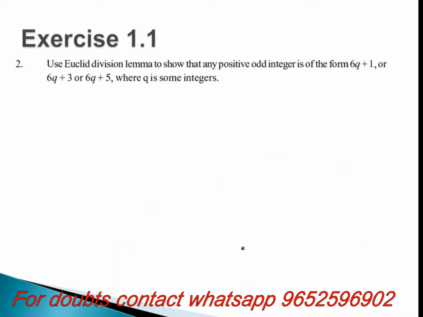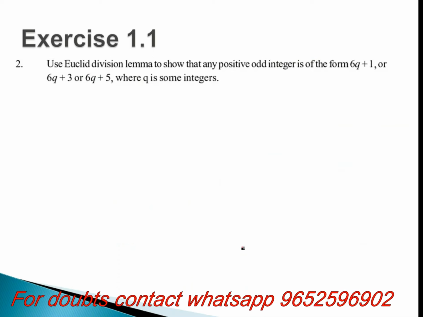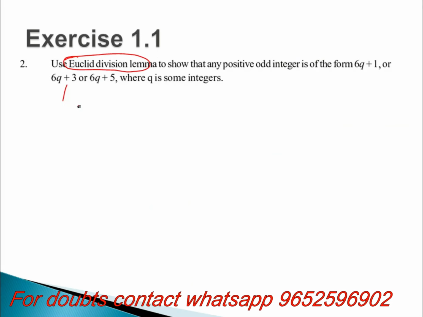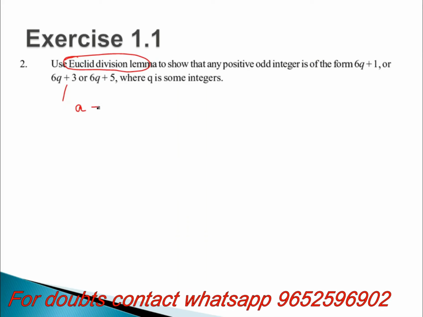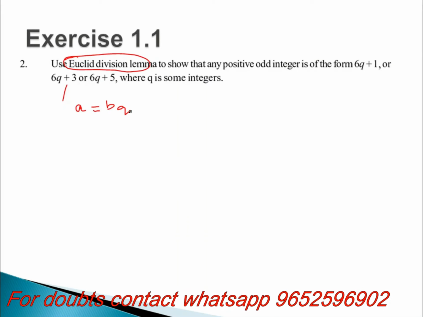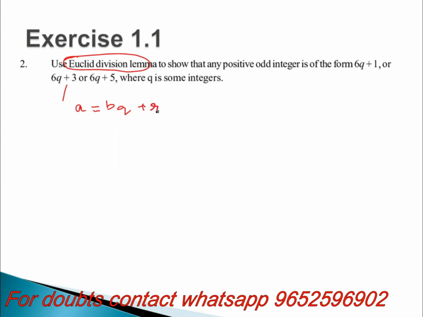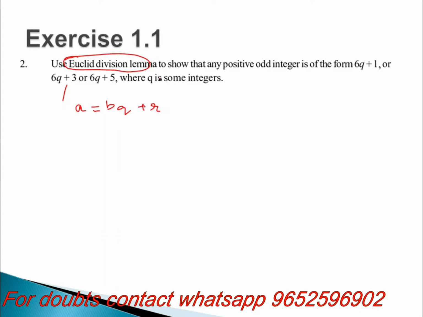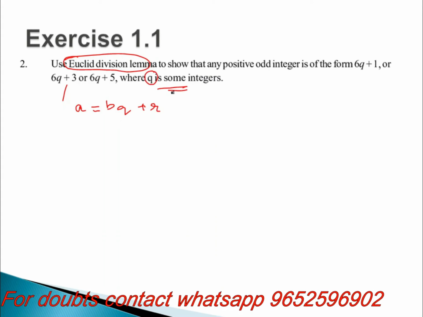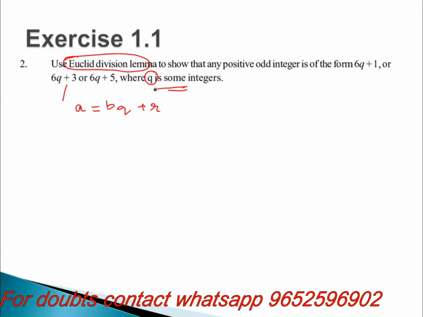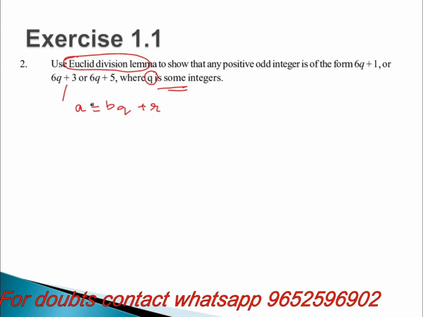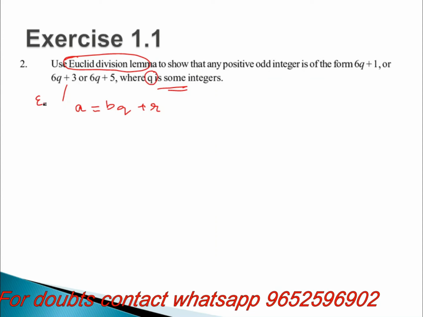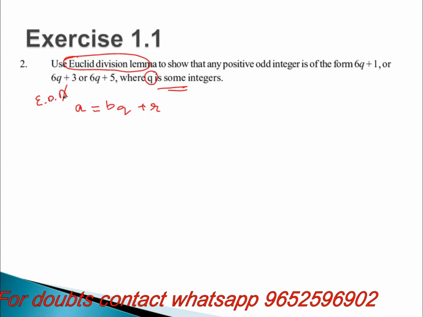So let's look at the next one. I can write here A = BQ + R, where Q is some integer given over here already. Now what I do here is apply Euclid's division algorithm.